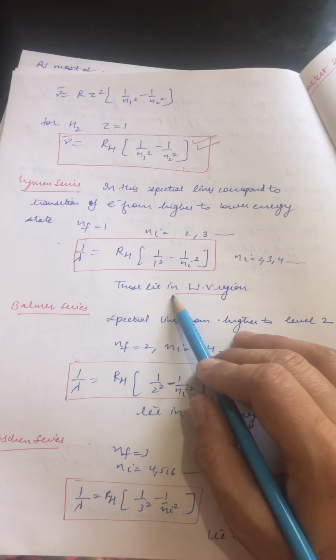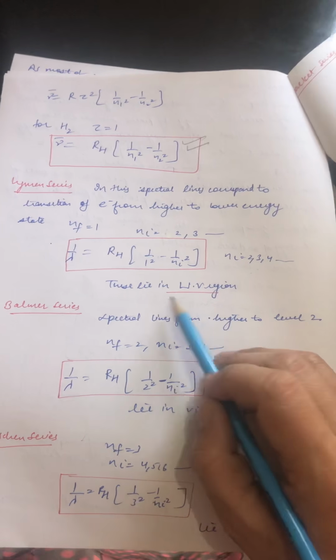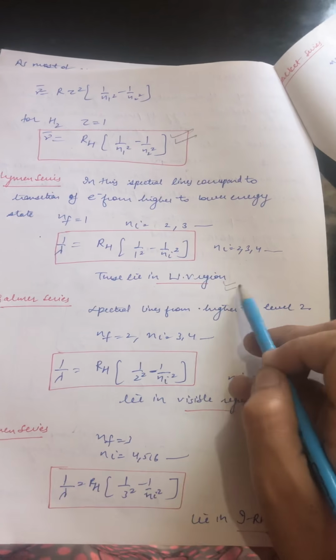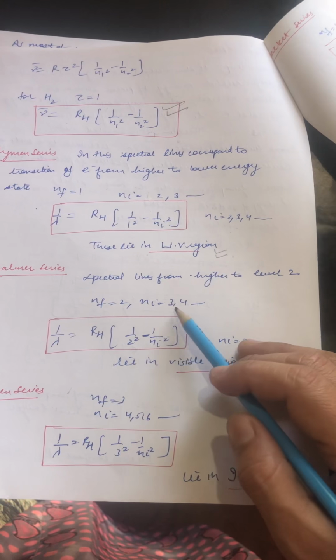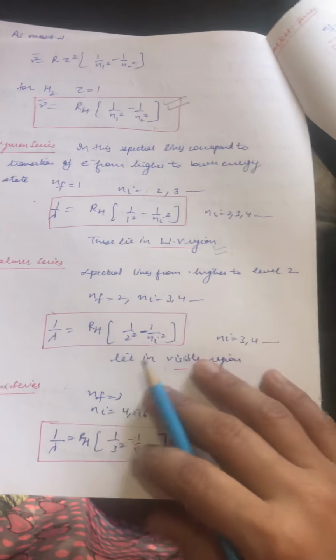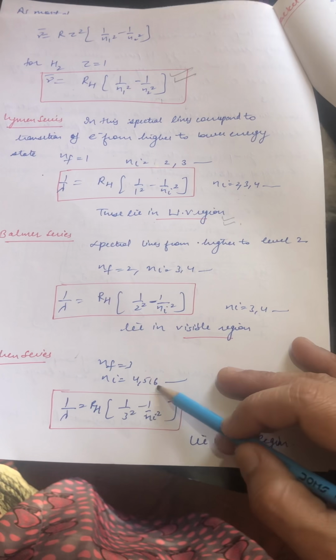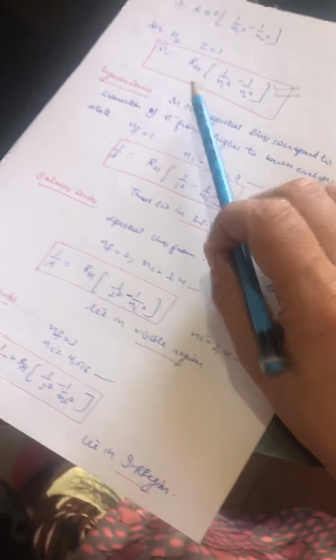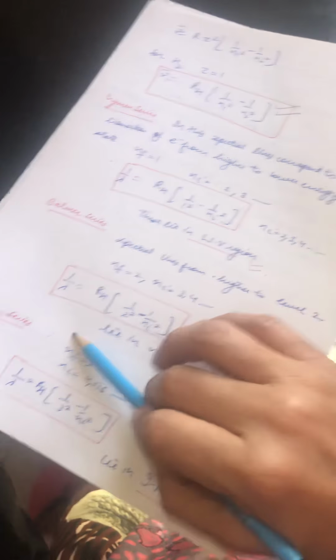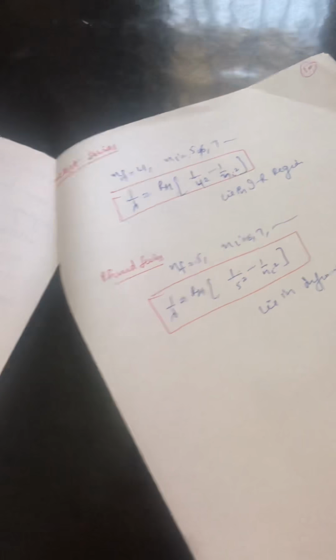And when it jumps, it will emit a photon which lies in which region? UV region. Then Balmer series for nf equal to 2, and initial levels can be 3, 4, 5 and anything. And for this also it is 3, 4, 5 and 6. So here you can see that we obtain this type of spectral series. Five series are there: Lyman, Balmer, Paschen, Brackett and Pfund series.